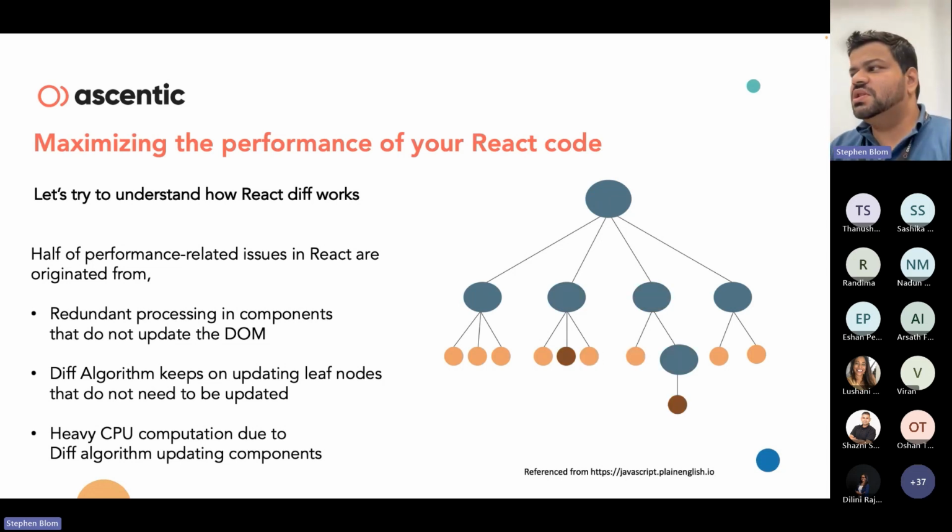Like you see on screen in the animated GIF, the yellow nodes are nodes that need to be updated. Then as it moves on, it turns into a brownish color node, and you see parent nodes themselves being rendered.